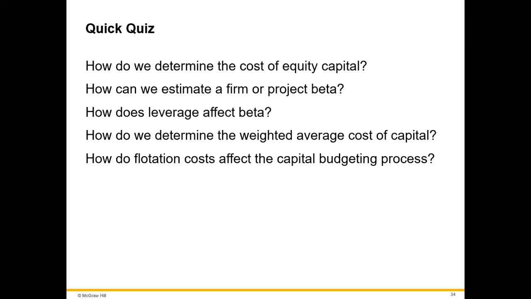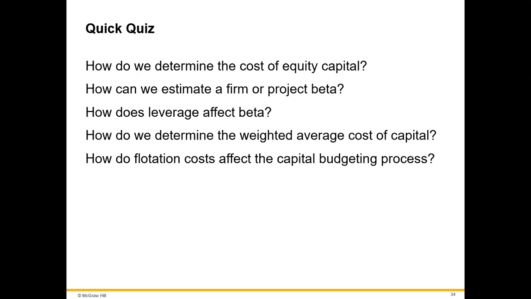So lots of things in this chapter where we first started talking about determining the cost of equity. Remember, required rate of return, cost of capital, discount rate, they all mean the same thing. That's the cost of the equity, which is found by taking your risk-free rate plus your beta times your market risk premium. We talked about how we determine the risk-free rate, what methods we have to choose from to determine the market risk premium, and how we go about estimating beta.